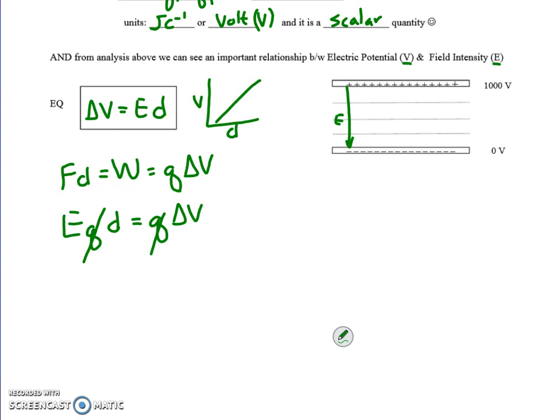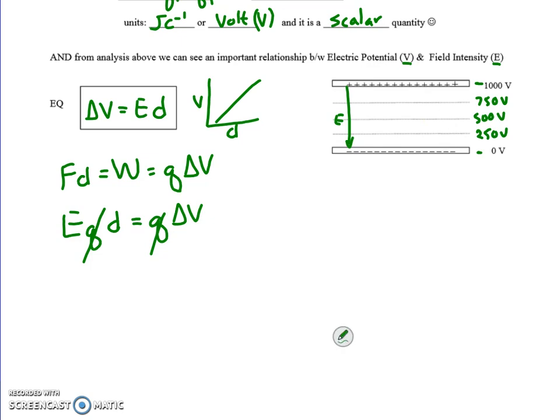We can use that in the plates here. So if we start at 0 volts at the negative plate and 1,000 volts up here, and I put these little lines in here and they're equally spaced, then we can see this must be at 250 volts, 500 volts, 750 volts. And the point is, it doesn't matter what I bring at these various positions. So actually, let me choose a position.